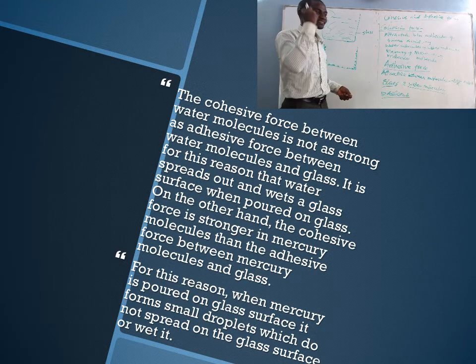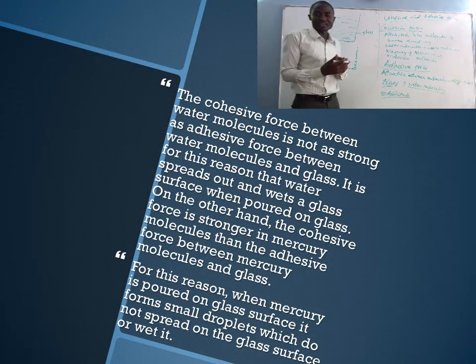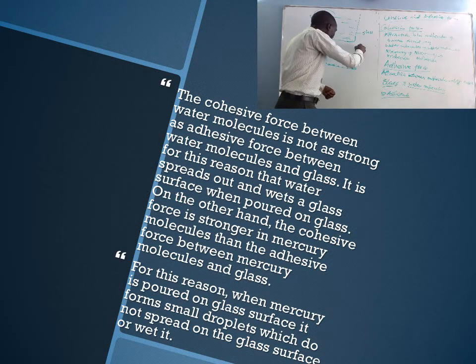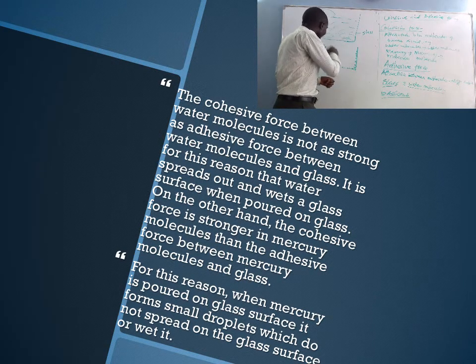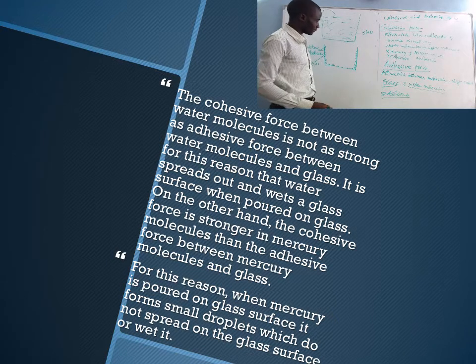Why? Because they are strongly attracted to the glass as opposed to being attracted to each other. So that which makes the surface of the glass wet is the adhesive force.